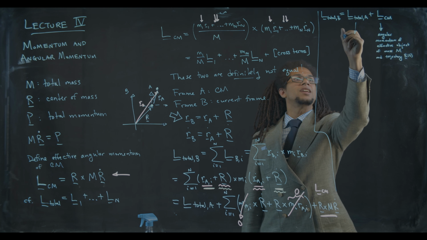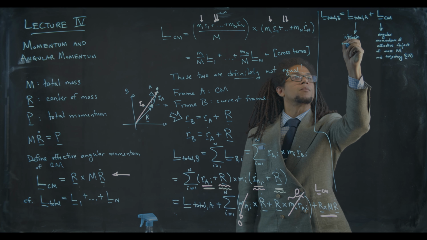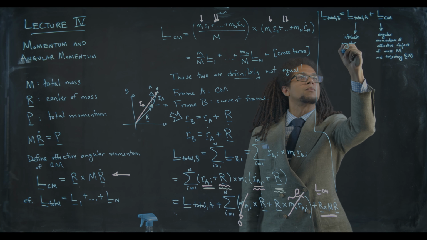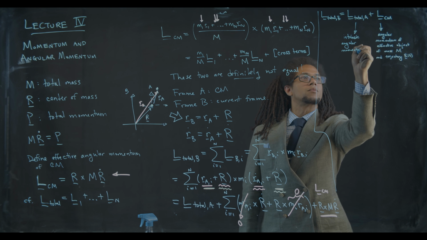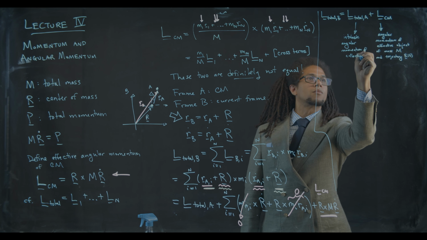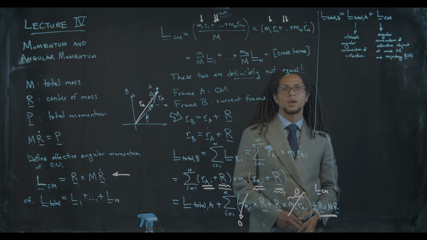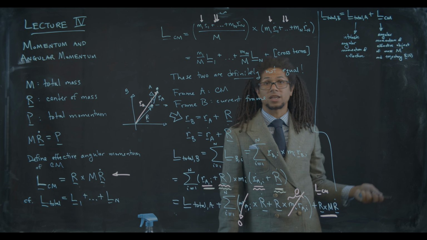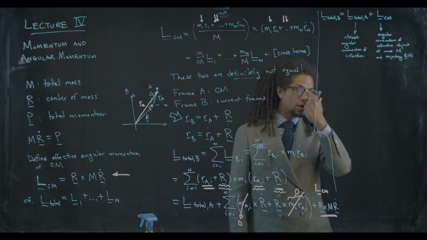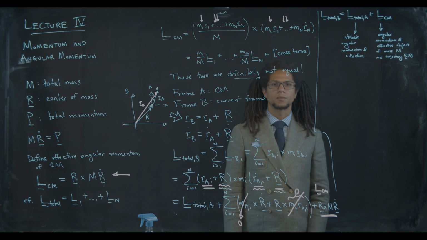So this is the sort of intrinsic angular momentum of the collection. Great. And this is the angular momentum that we calculate going to the center of mass frame. So wonderful. That's all we needed to do.